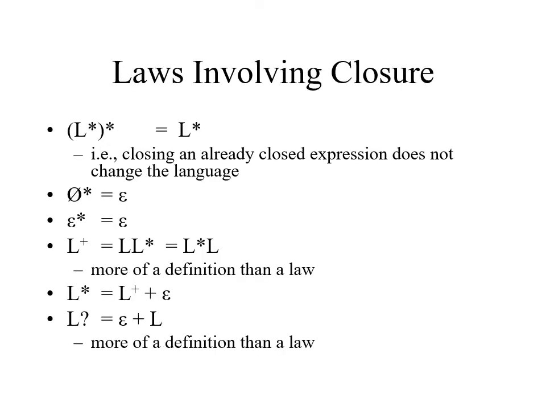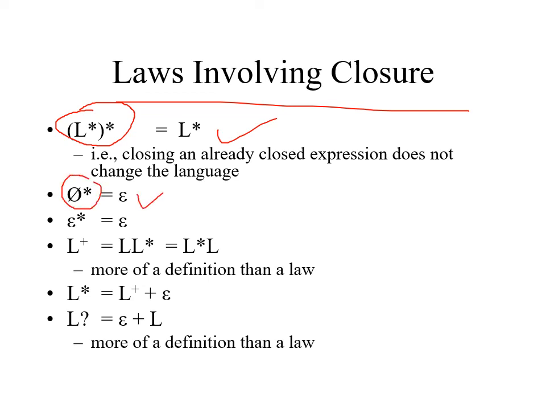And these are the laws that involve the closure. If we see L closure, then it will always be equal to L asterisk. Now phi closure is equal to null, and null closure is equal to null. L plus is equal to L L asterisk, which means L plus is equal to L asterisk minus null.